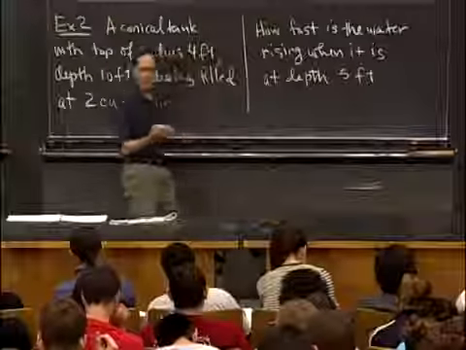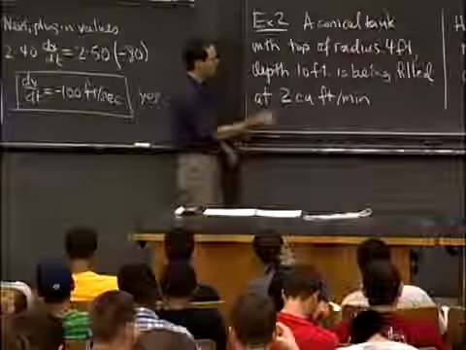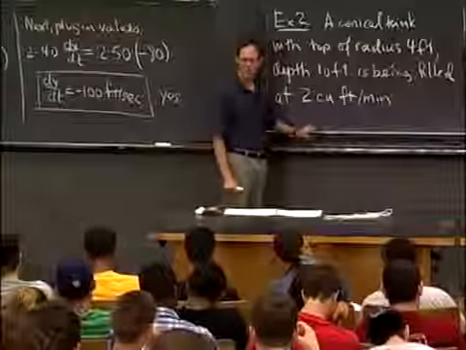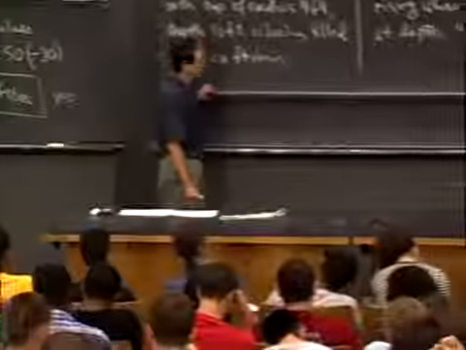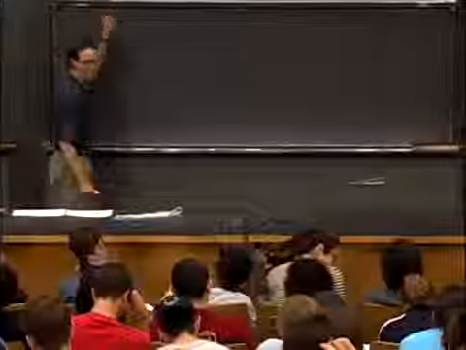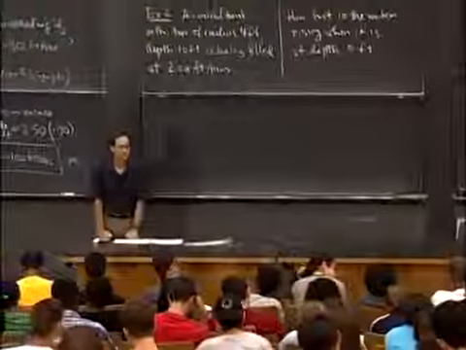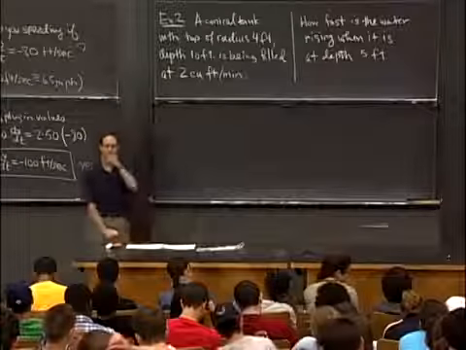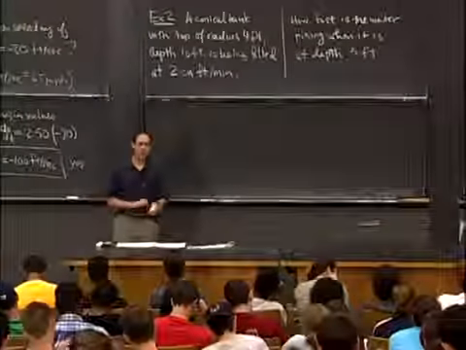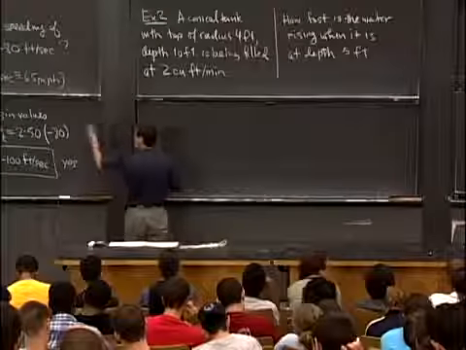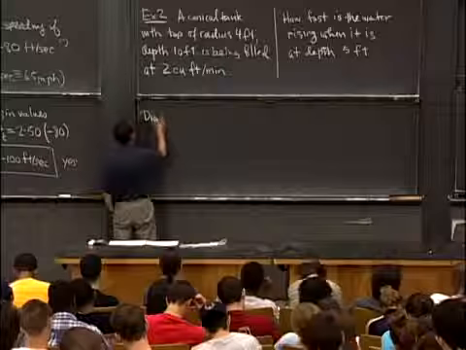So if this thing is half full, not half full in terms of total volume, but half full in terms of height, what's the speed at which the water is rising? So how do we set up problems like this? We talked about this last time. The first step is to set up a diagram and variables.